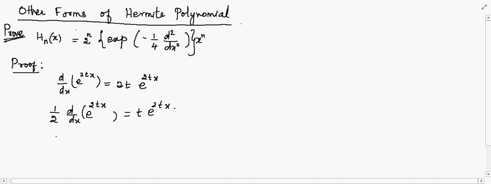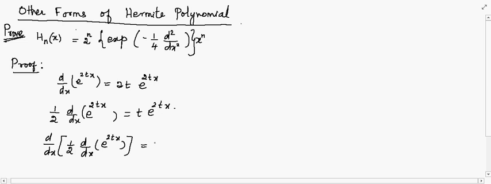Now once again we will differentiate this, that is d by dx of 1 by 2 into d by dx of e power 2tx.